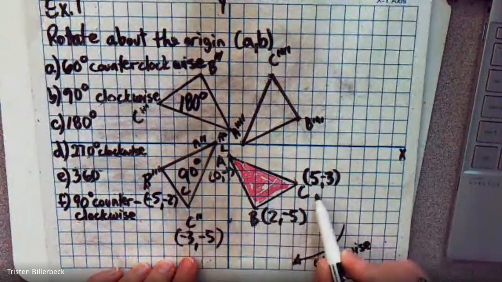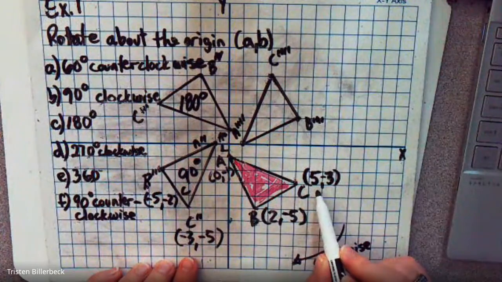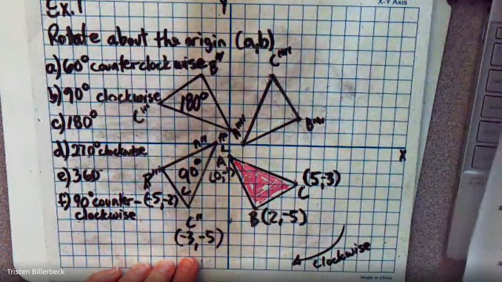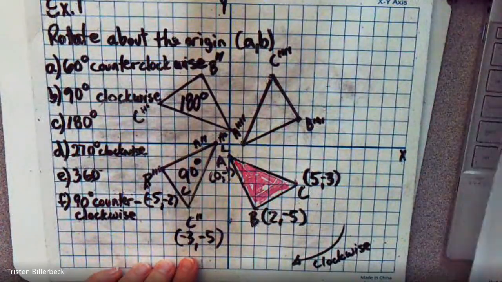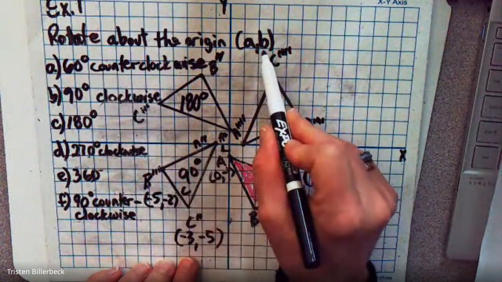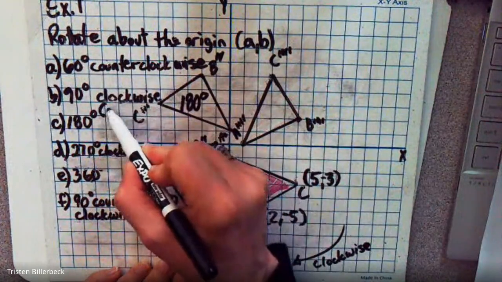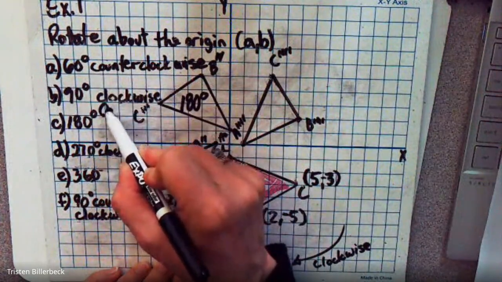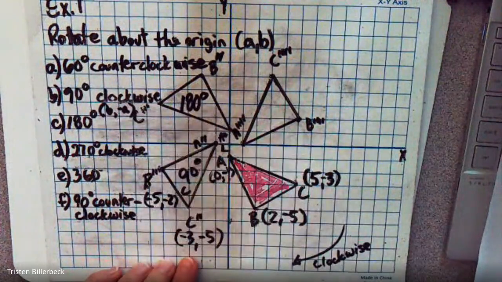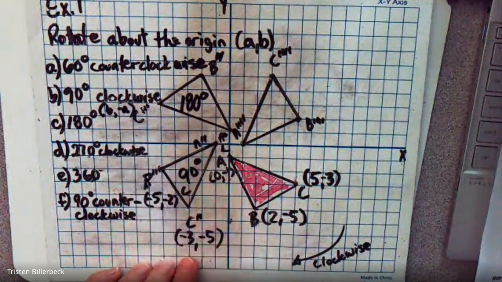So we can see that these are swapping, and then the x becomes negative. So we have a swap, and the x becomes negative. So when we move AB around, our rule is going to be B, minus A. So that'll be our rule for a clockwise rotation. We swap A and B, and it becomes B, minus A.